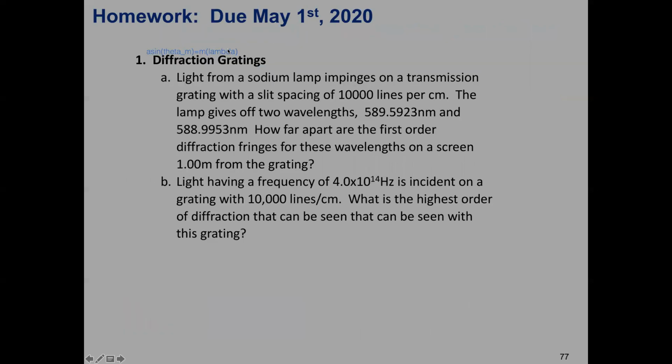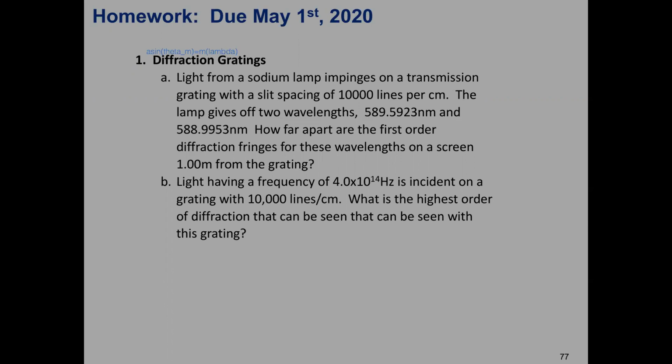So you can ignore my annotation there from before, but the first problem here is just working with some numbers. I'm giving you different gratings with different numbers of slits per centimeter or millimeter or so on. So you have to figure out what your slit spacing is from that information, and then figure out how far apart the diffraction order is for different wavelengths that hit the grating.